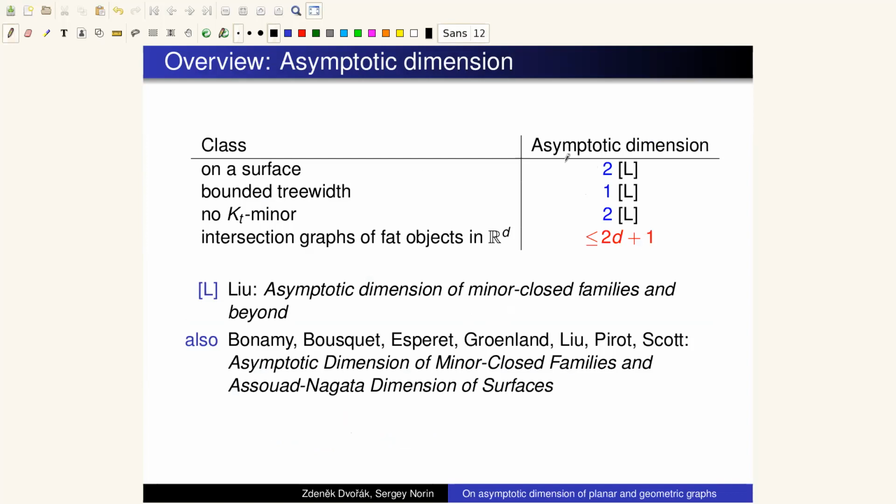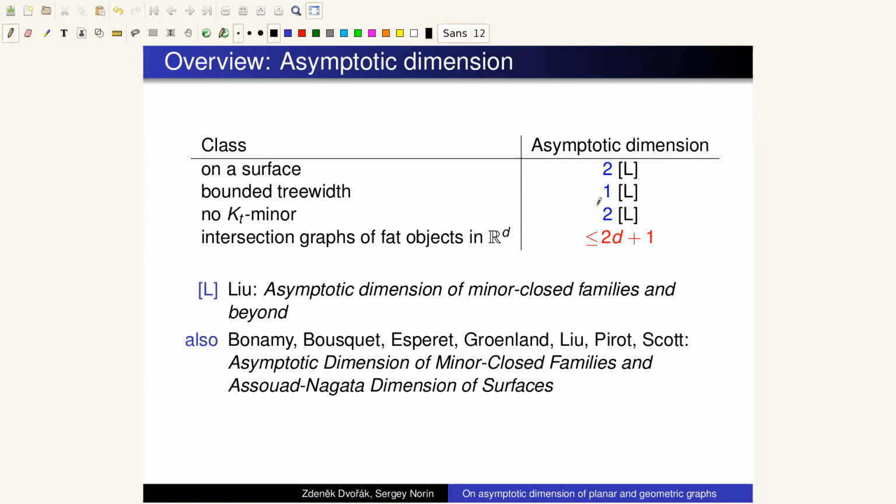You really want surfaces in this sense to have asymptotic dimension 2. He also proved that all classes where you forbid some minor have asymptotic dimension 2. So in this sense, they are very close to being surfaces, as you would kind of expect from the structure theorem. He also proved that classes of bounded tree width have asymptotic dimension 1, so they behave one-dimensionally.